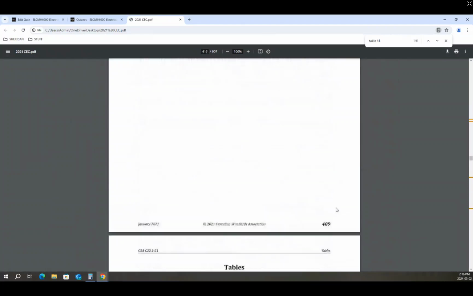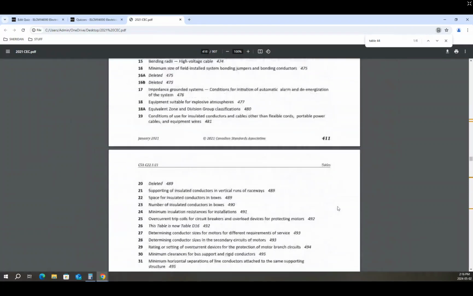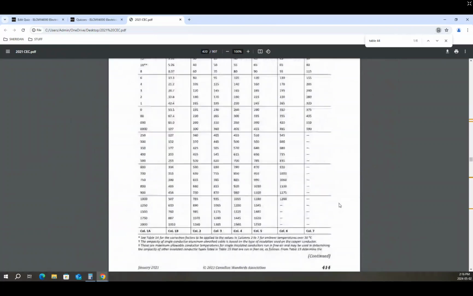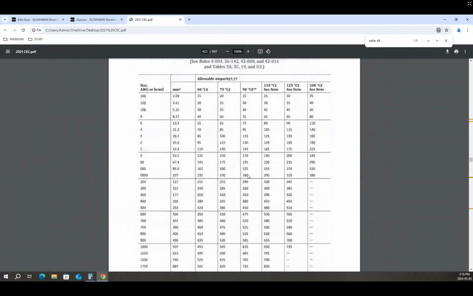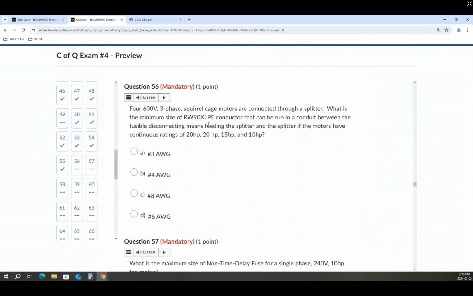Okay, so now I'm going to go to table 2. Here's table 2. And I want to know the size of the RW90 running in conduit between the fusible disconnecting means feeding the splitter and the splitter if the motors have these continuous ratings.